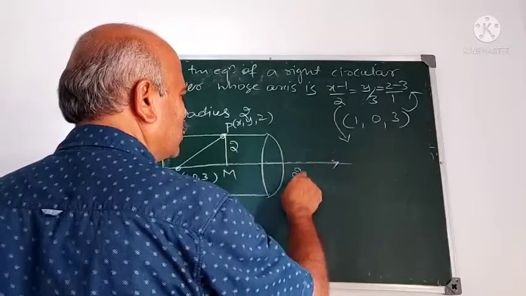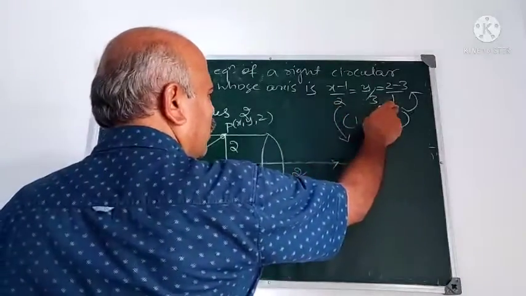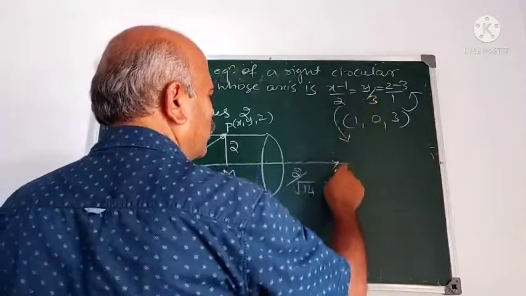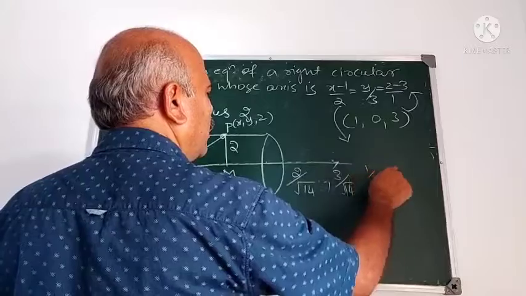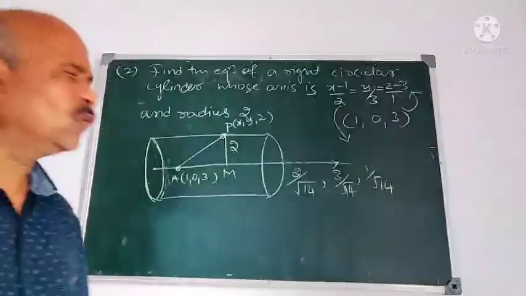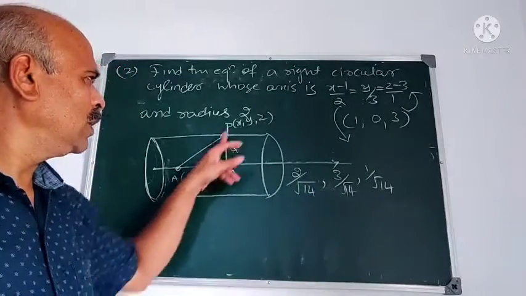Therefore the actual direction cosines are 2 by square root of (2 square plus 3 square plus 1 square), that is root 14. So 2 by root 14, 3 by root 14 and 1 by root 14. These are the actual direction cosines of the axis passing through (1, 0, 3).